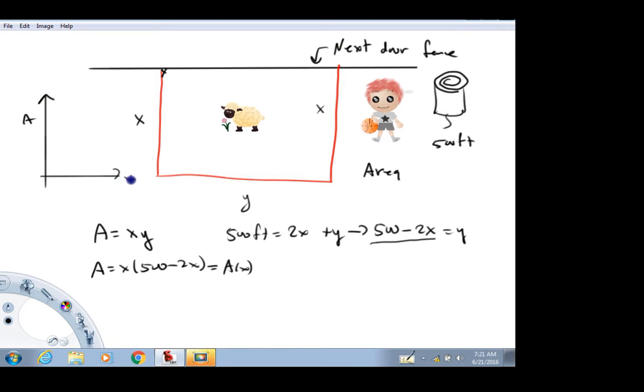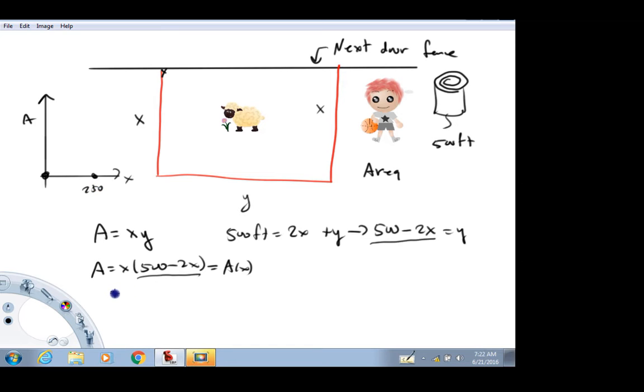Area against x. I'm going to take note that this has a zero at 0, because if I put a 0 here, this whole product is 0, so I know it goes through this point. Also, another zero I can get by setting 500 minus 2x equal to 0 and solving for x. I believe we're going to get 250 out of that.